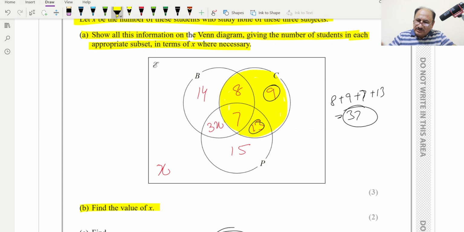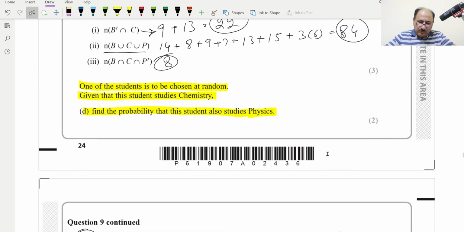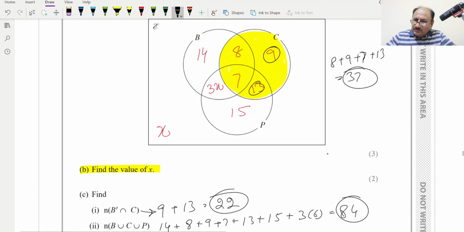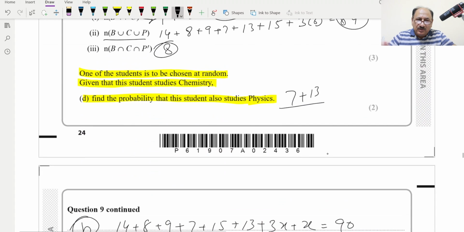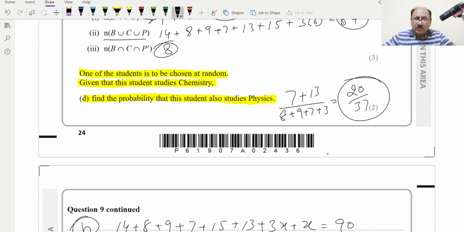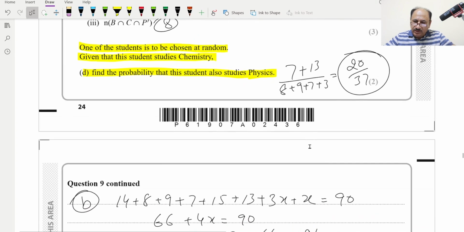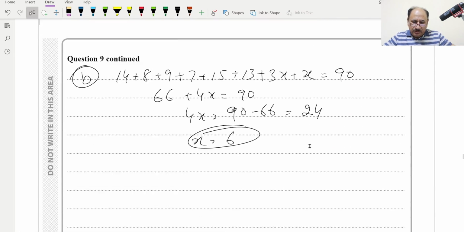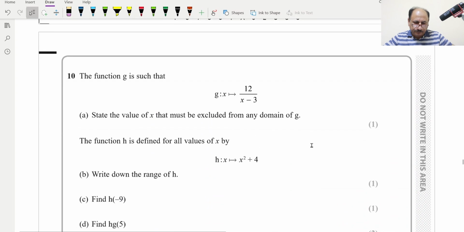We can write 7 plus 13 over the whole working, which is 8 plus 9 plus 7 plus 13, which is equal to 20 over 37. This will be the answer for part D. Hopefully you understood this question.